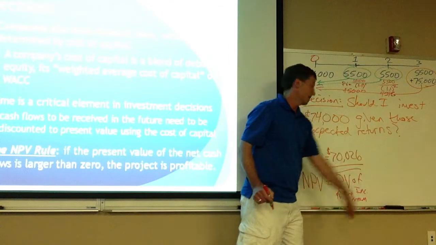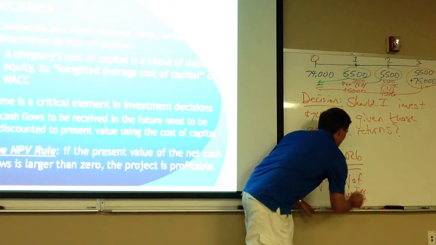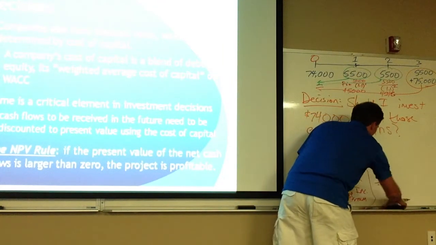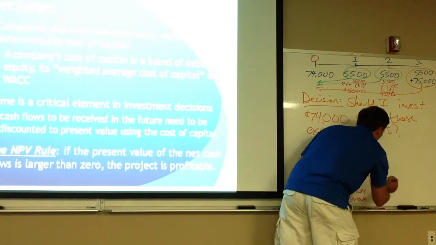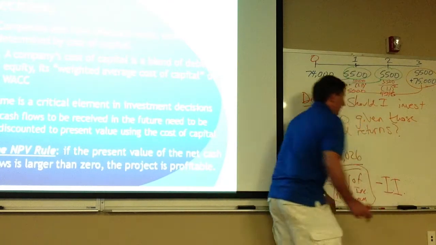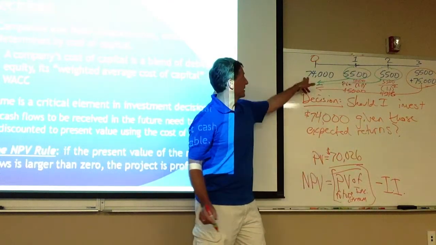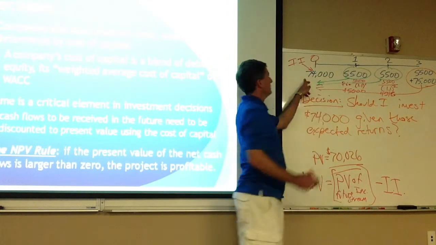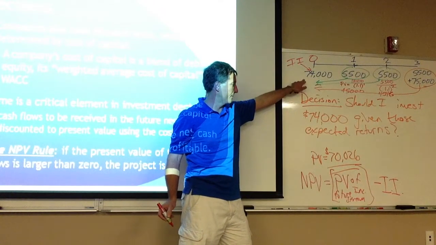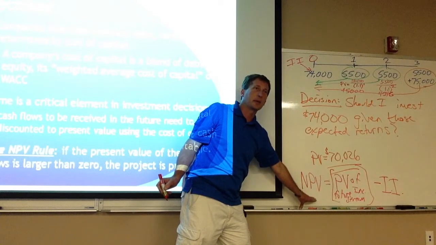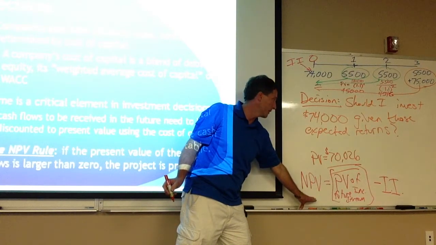The present value of the future income stream minus the initial investment, which is today's marginal cost. I can't remember if this textbook does it, but this was our initial investment that would have been required. The net present value ends up being a positive number or a negative number in this case? Negative. That's the present value rule.